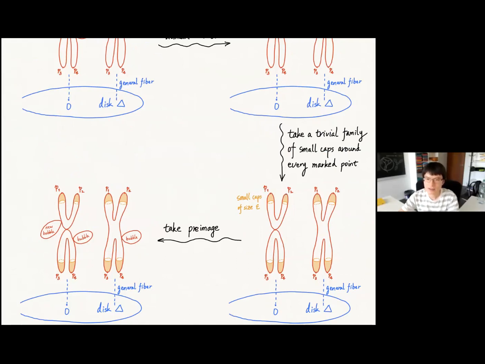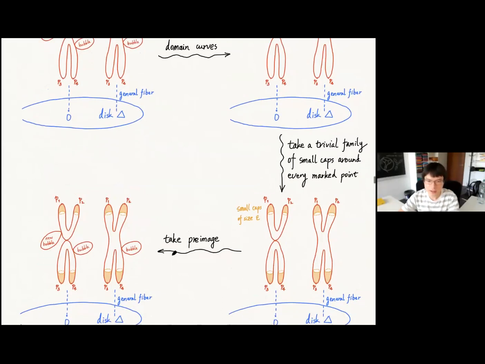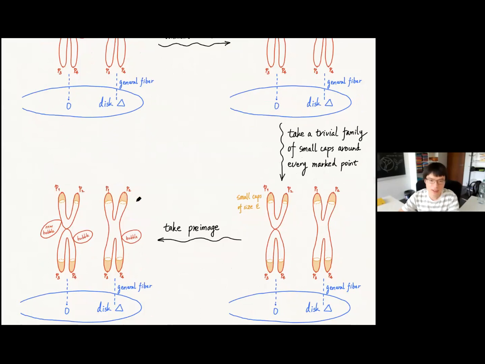We can always take a trivial family of small caps, let's say of size epsilon, around every marked point, P1, P2, P3, P4, as in the example. Then we take a pre-image under the stabilization map. Here the pre-image is again a family of small caps, but a priori, the pre-image may contain some extra bubbles.